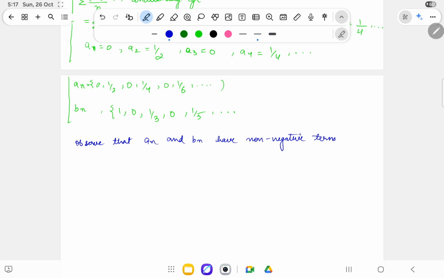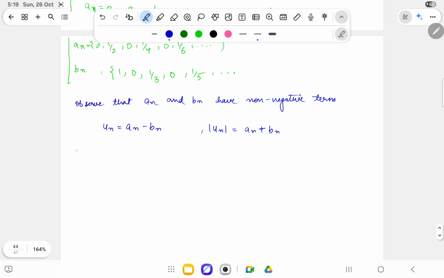That's how we defined an and bn. Now using these terms an and bn, I can redefine my un. So my un will be equal to an minus bn, and modulus of un will be an plus bn. That's how I can write un using an and bn.